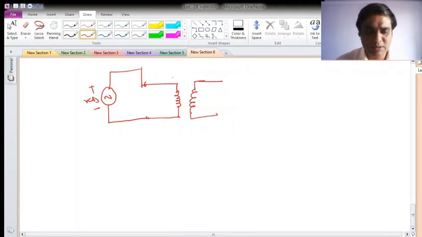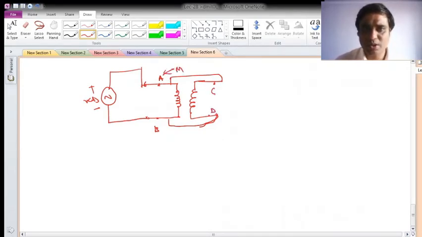And these are connected parallelly like this, and this is also something like this. So this is my A and B, and suppose this is my C and D. I have to give the dots, and they are coupled mutually, so M, and this is L1, L2, dots are here and this dot is here.